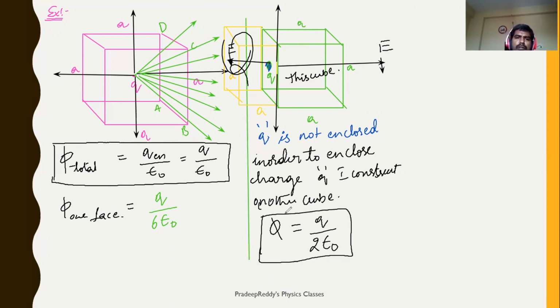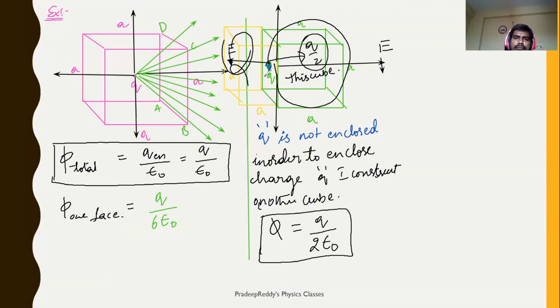Hope you have understood. This charge is exactly on the face of the cube. Now this charge is sharing its field to both the cubes, left side as well as right side, but we are finding only flux through this green color cube. That is the reason why only half of the flux is extended through this cube.